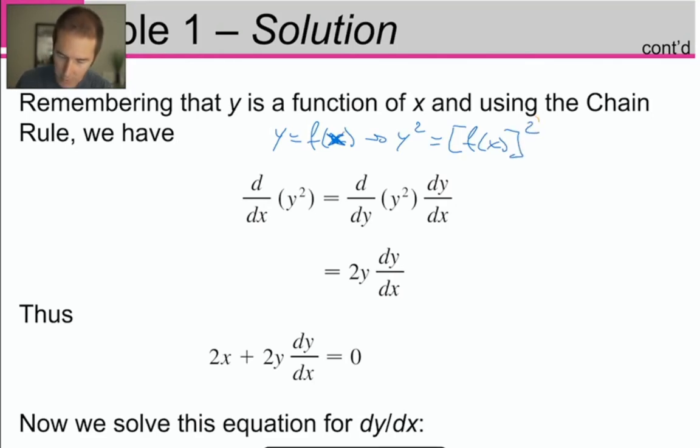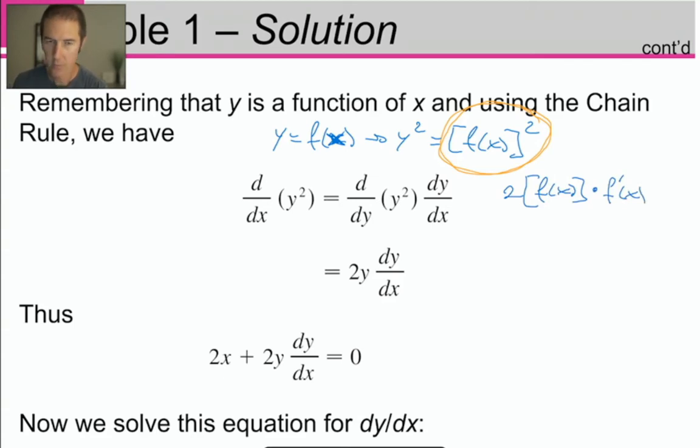And if I took the derivative of this thing, I would have to use the chain rule. The chain rule says we would take the 2 and multiply it out front, and we would keep the inner function, f of x, and we would decrease the exponent by 1, so it becomes a 1, though we don't normally write that, and then we would multiply by the derivative of the inner function. So we would have an f prime of x.